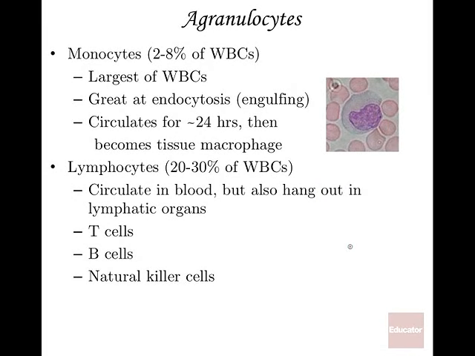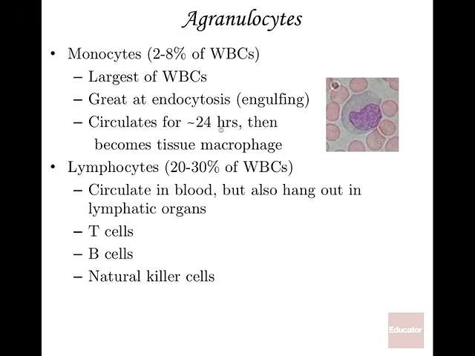Agranulocytes are the opposite, meaning they don't have those granules. They don't have as many dots in them. Monocytes are one type of agranulocyte. That's about 2 to 8% of white blood cells, just depending. They are the largest white blood cells, large compared to the others. Great at endocytosis. Like I mentioned before, with that amoeba action, wrapping around and engulfing bacteria and what have you.